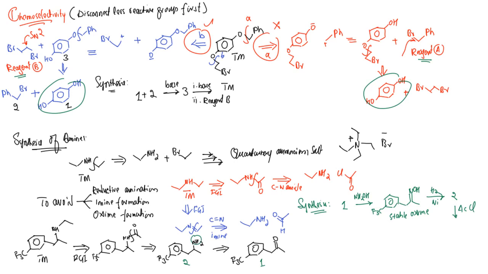This is an acid chloride, then I will get the species number 3 right over here, and this species then reacts with lithium aluminium hydride for reducing the carbonyl functionality, and I will get the target material. So in this way I can avoid the problem of chemoselectivity. And this is an example of fenfluramine.